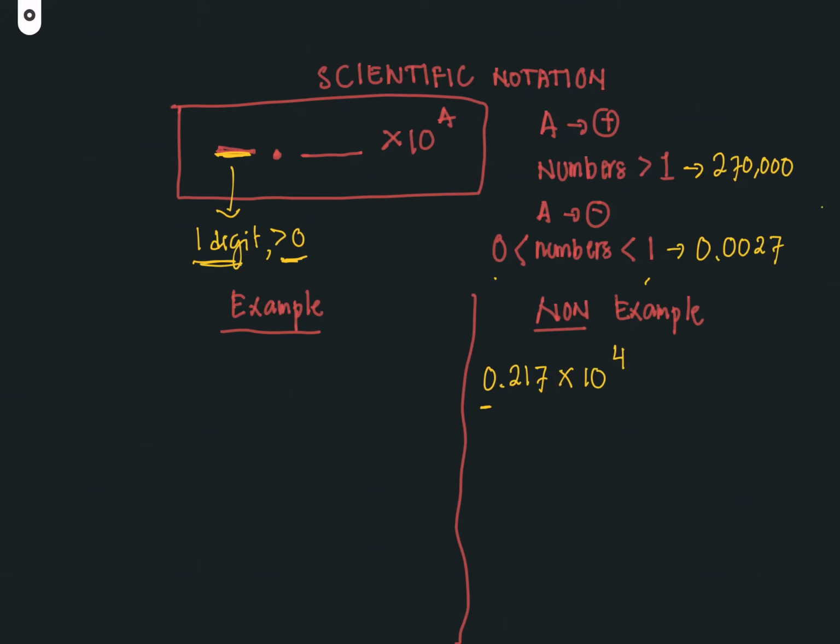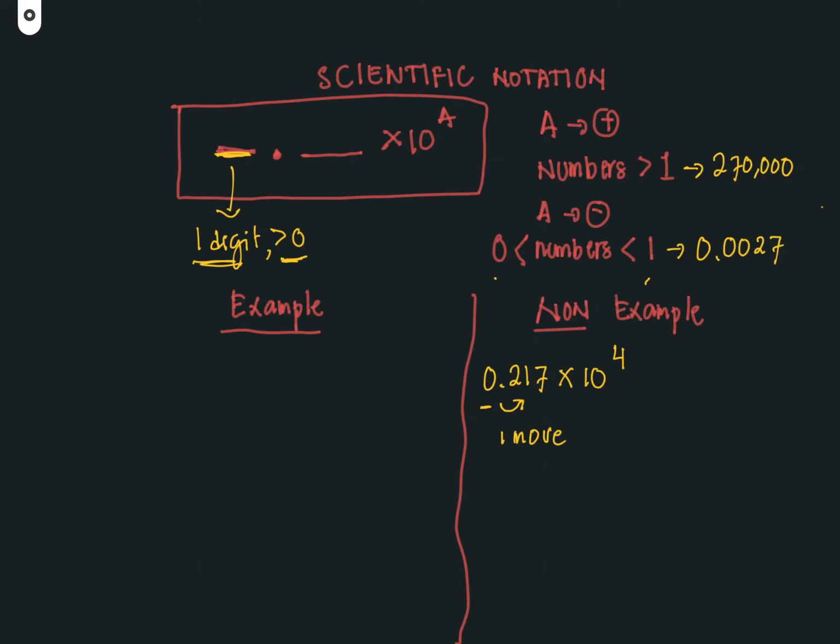So we're going to change this into the right format. In this case, we have to move the decimal so that it's located behind a digit that is greater than 0. Oh, lucky, we only need one move.